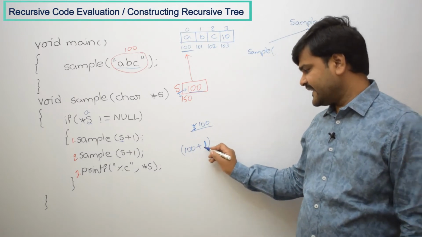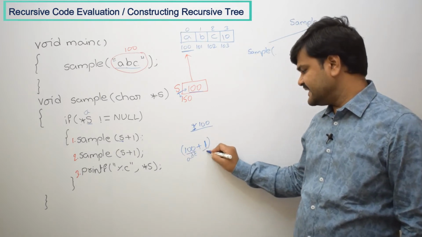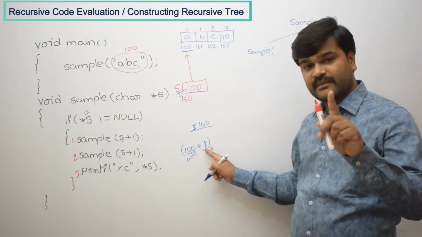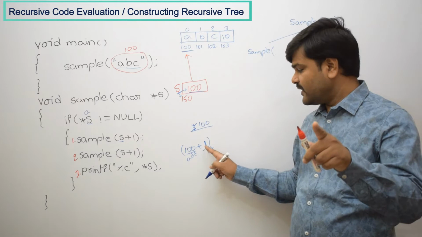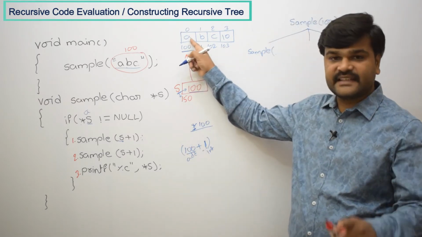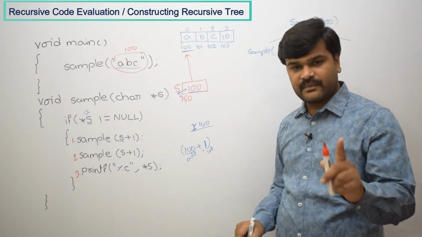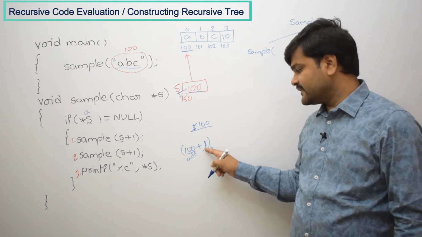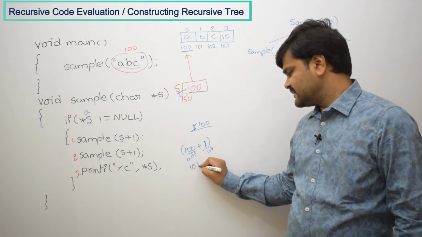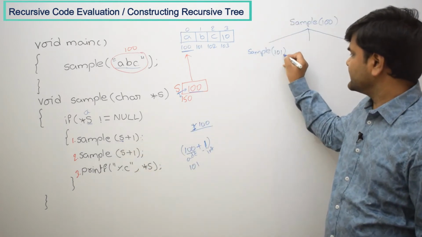This is not direct integer addition; this is an address, and this is an integer. So adding one means one memory location. Whatever data type is there at the 100th memory location is character. A character takes 1 byte, so that many bytes you have to add. So 100 plus 1 is 101, and this is replaced by 101 here.